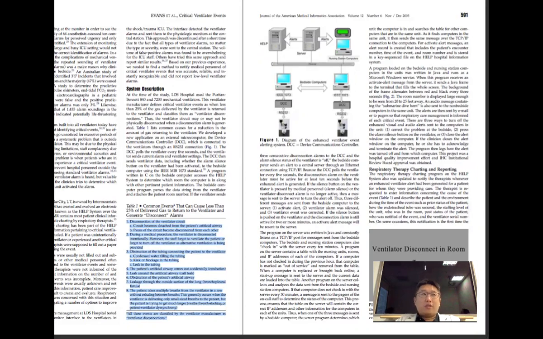This author, Scott Evans, talked about this system in a class. It's very funny, because ventilator disconnection happens quite often in the ICU setting. They just shut down the monitor, and I remember that was very disturbing for the daily routine work. So that's the first version.